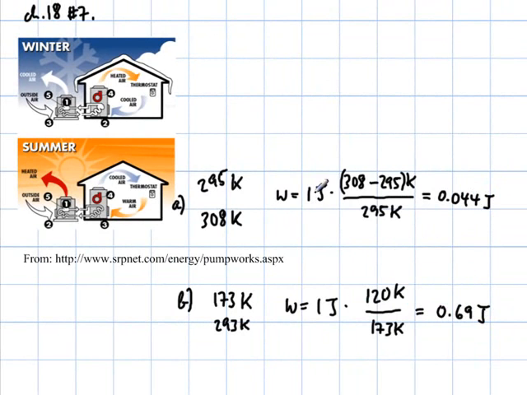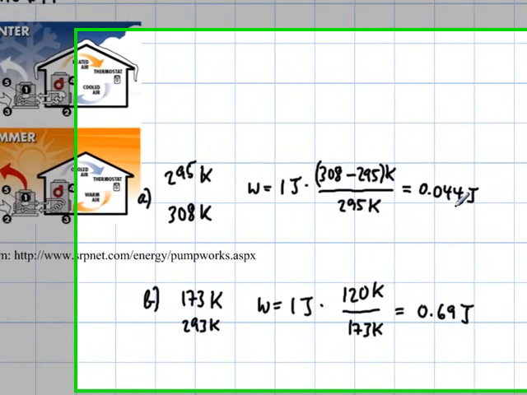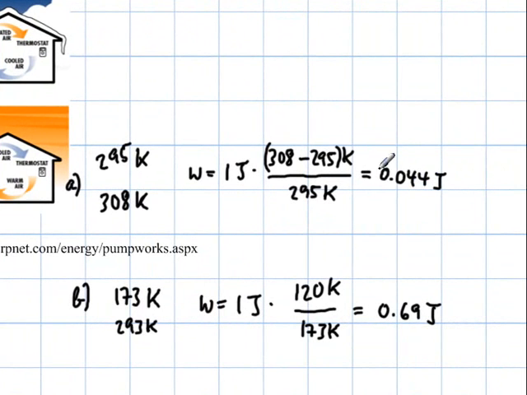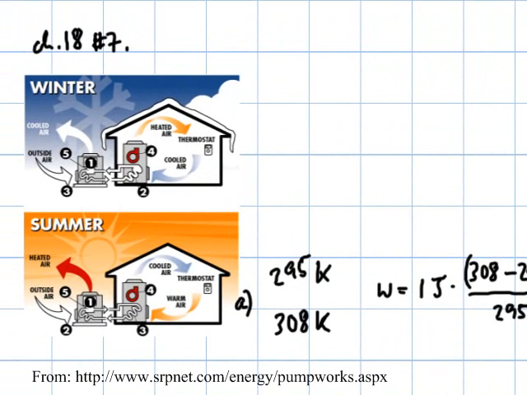All these answers seem like we're getting a freebie because the amount of work that we have to put in order to move 1 joule here is quite a bit less. That's why these are actually not given as efficiencies, but they're called the coefficient of performance. What it means here is we put only 0.044 joules in order to move 1 joule, and the coefficient of performance is about 20, so we can move 20 times as much energy with a certain amount of work.